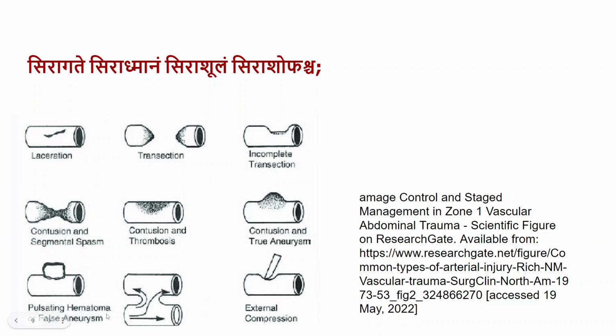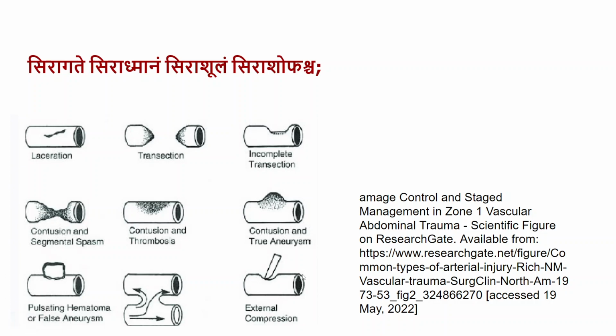Then, in due course of time, the later complications of a vascular injury could be a pulsating hematoma or what we call a false aneurysm, or there could be AV fistulas. A dilated vessel may produce compression of the nerves or other structures like veins, and may produce what we call compartment syndromes.